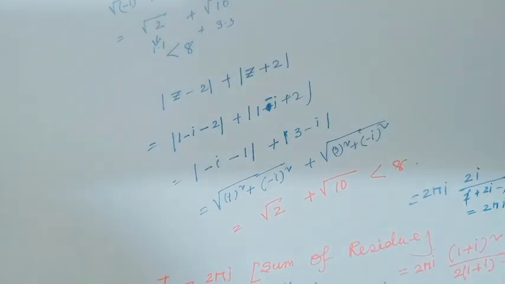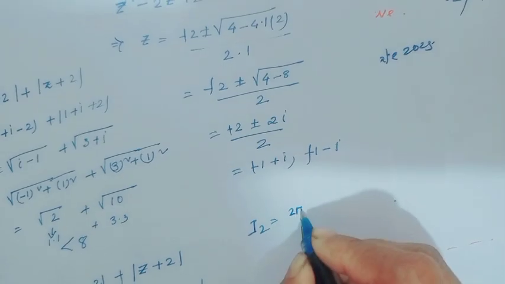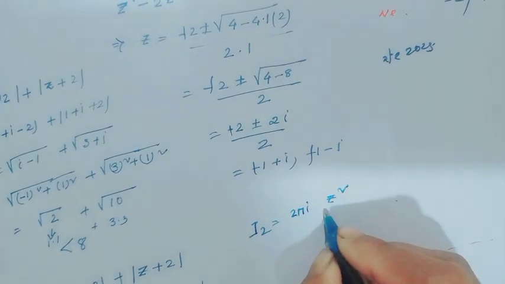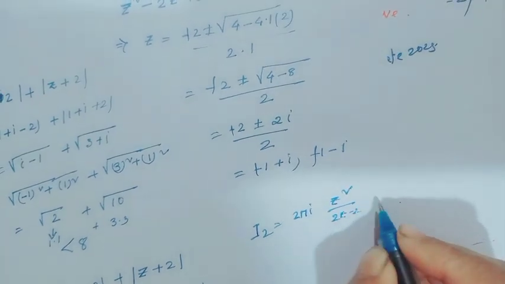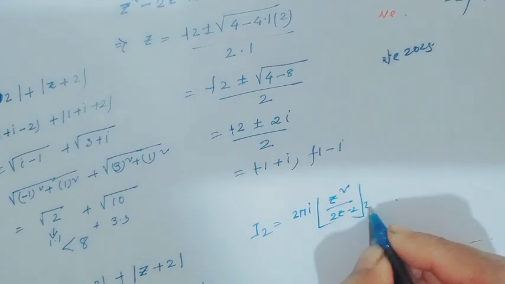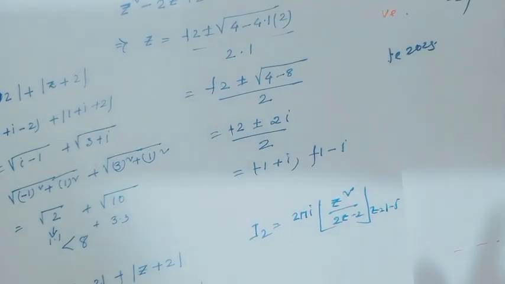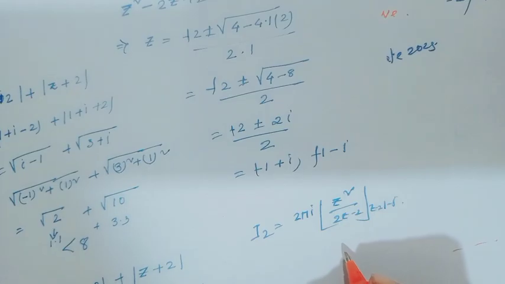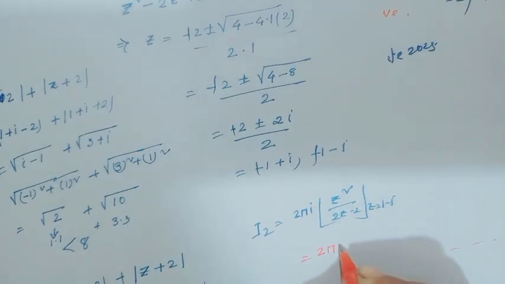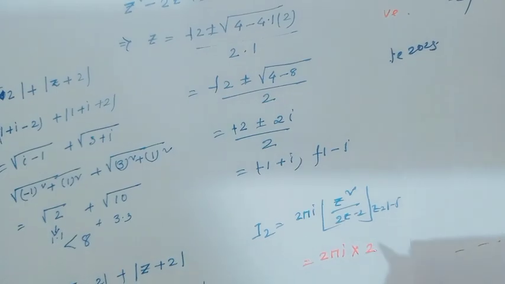Next, the residue at the point 1 minus i. I2 is similarly 2 pi i times z squared over 2z minus 2 at the point z equal to 1 minus i. This value would be 2 pi i times 2 similarly.